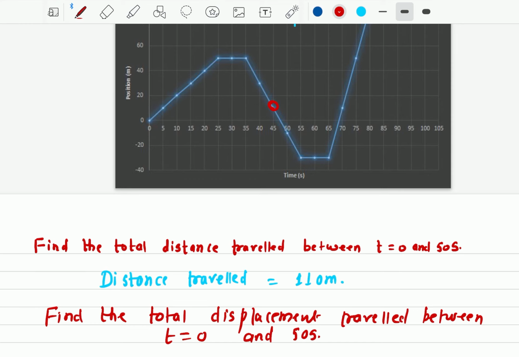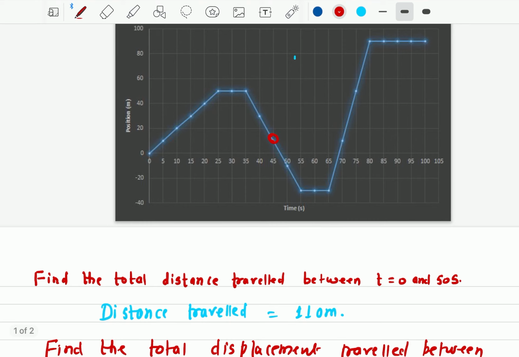So remember, if the graph given here is the position-time graph, then the slope gives you the speed, or in fact it gives you the velocity too. So here our goal is to find out what is the slope at this point.